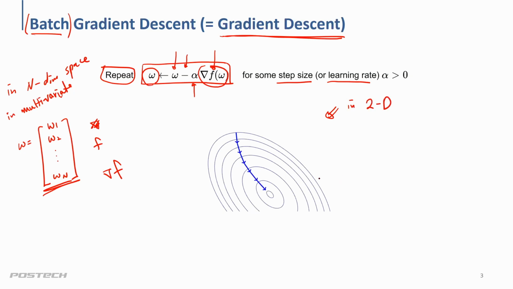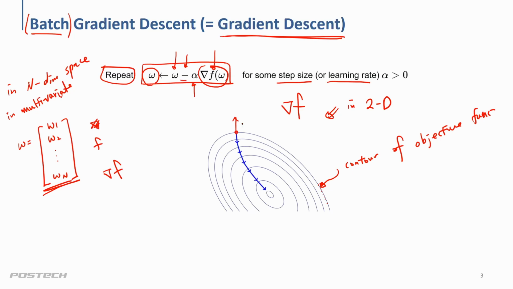These are the contours of the objective function, meaning the values along each contour are the same. Say we start from here, then if we compute the gradient, it will be the normal vector in the direction of the positive slope.